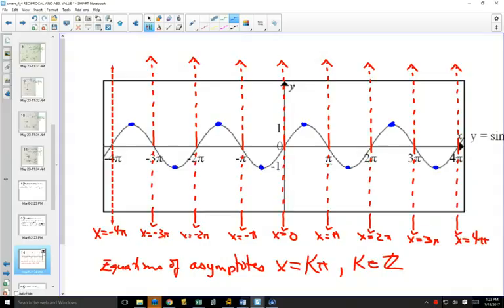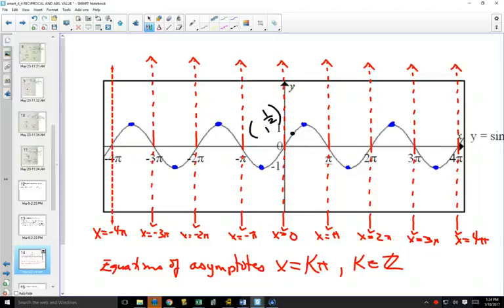Just for fun, can someone tell me another point on the original sine graph? And when does that happen? Here's point 5. What are the coordinates of that point? Something comma 1/2. What's the something going to be? It won't be pi over 4.